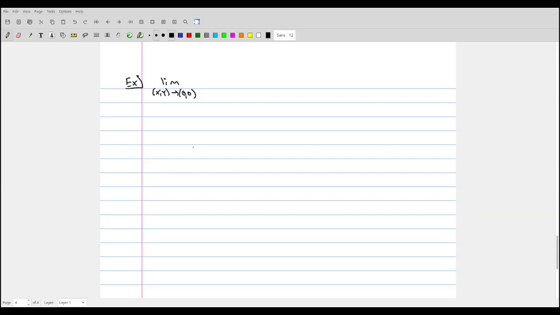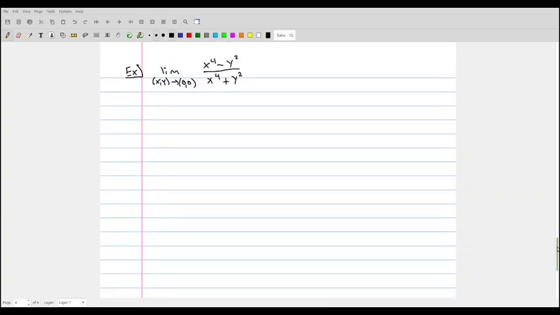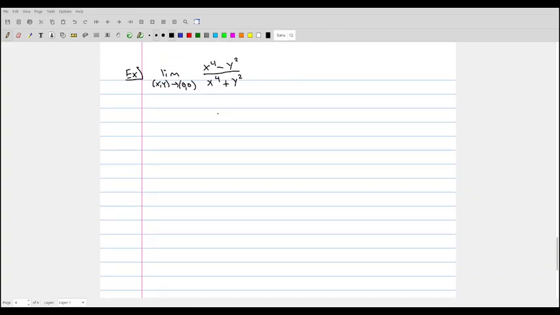We'll look at the function x to the fourth minus y squared over x to the fourth plus y squared. So we go through and look at this again. We'll look at the level curves.